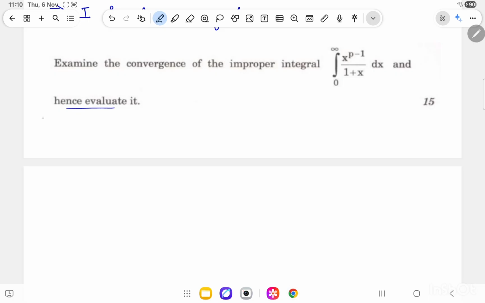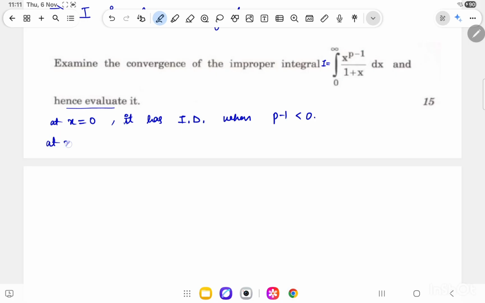So here also, the first step is to check at the endpoints only, then we can move ahead on checking any point that is lying in between those 2 points. If you observe at x equals 0, let's name it as I. It has infinite discontinuity when p minus 1 is less than 0, because when p minus 1 is greater than 0, then the integrand is 0 only.